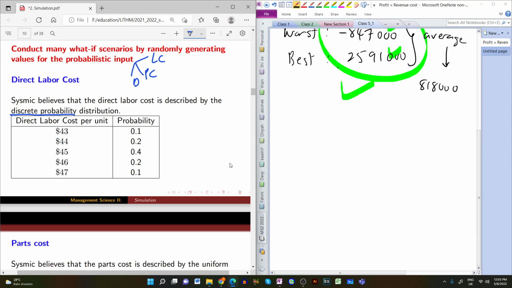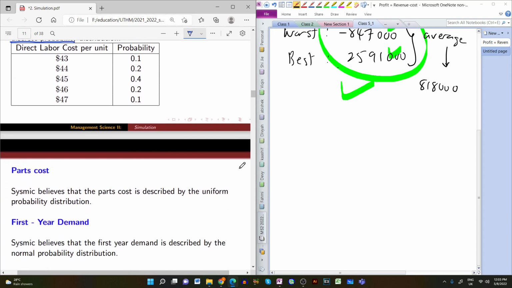The chance for labor cost to be 44 is 0.2, and 45 is 0.4, 46 is 0.2, and 47 is 0.2. So we give some probability now. The higher chance for labor cost is 45.